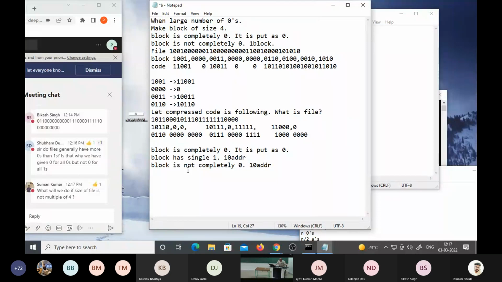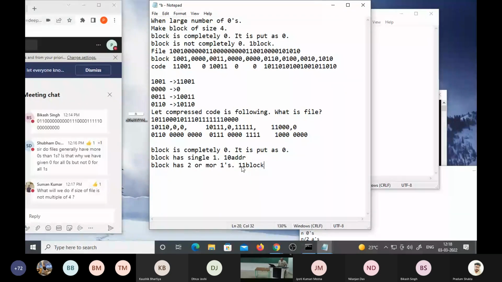If the block has two or more ones, then it is 1 1 followed by the block. Is it correct? We shall see further.